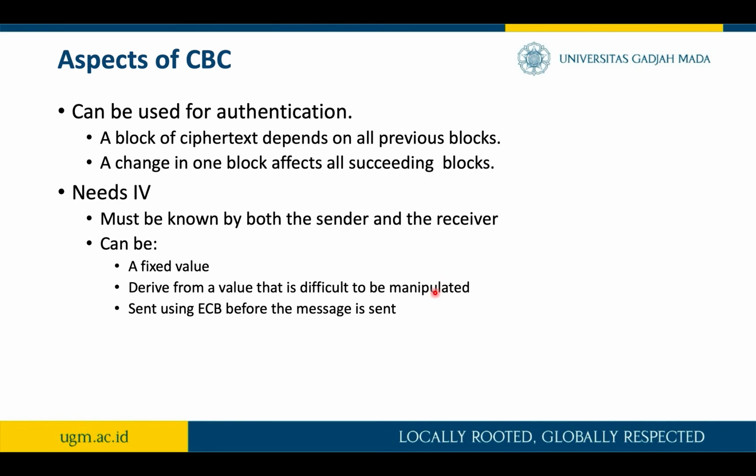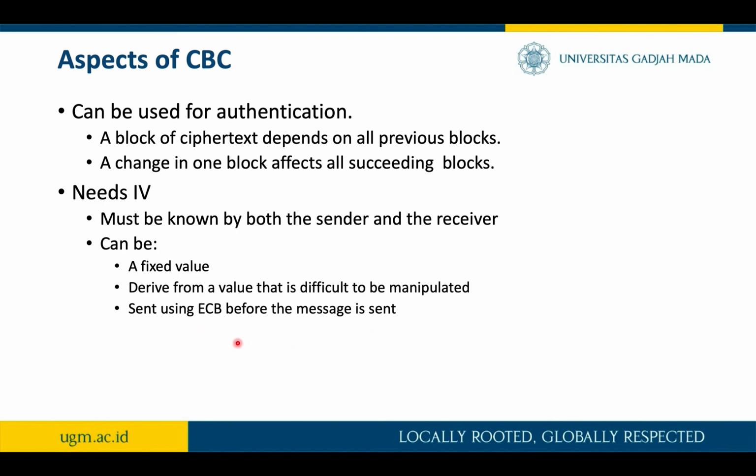CBC also needs an initial vector, and it must be known by both the sender and the receiver. It can be a fixed value. It can also be derived from a value that is difficult to be manipulated, and it can be sent using one of the modes of operation, which is electronic code book, before the message is sent.